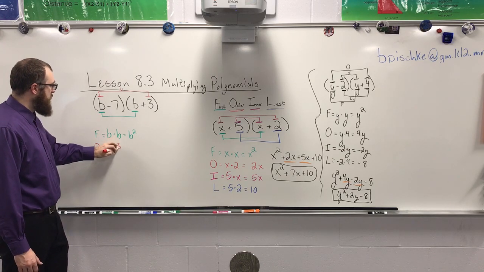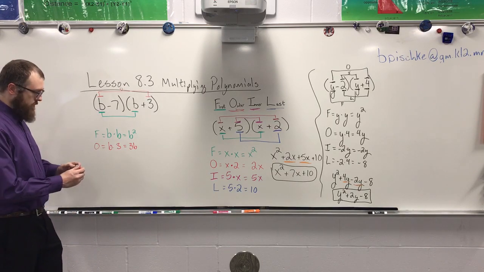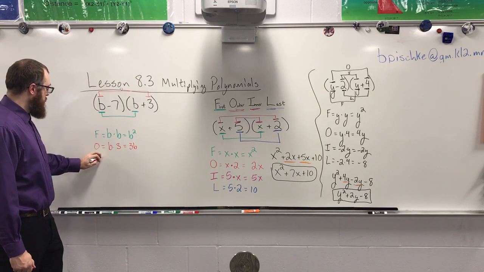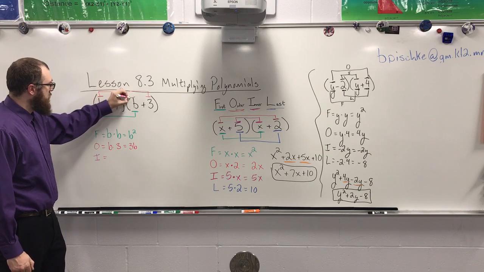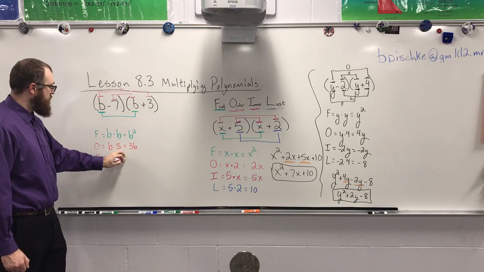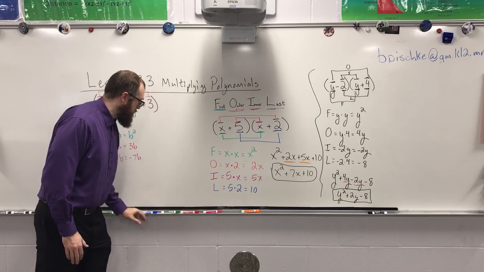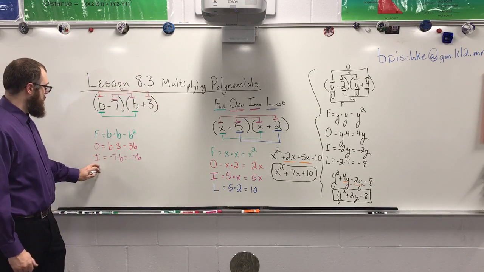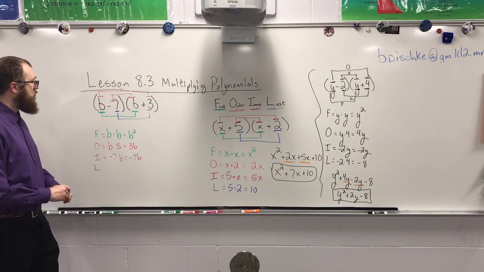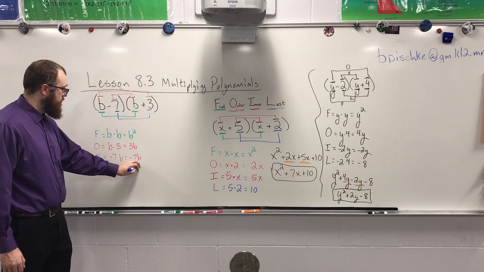B times 3, which is 3B. Inners, the two numbers that are closest to each other. Negative 7 times B, which is negative 7B. And my lasts, the last value in each binomial, negative 7 times 3, which is negative 21.